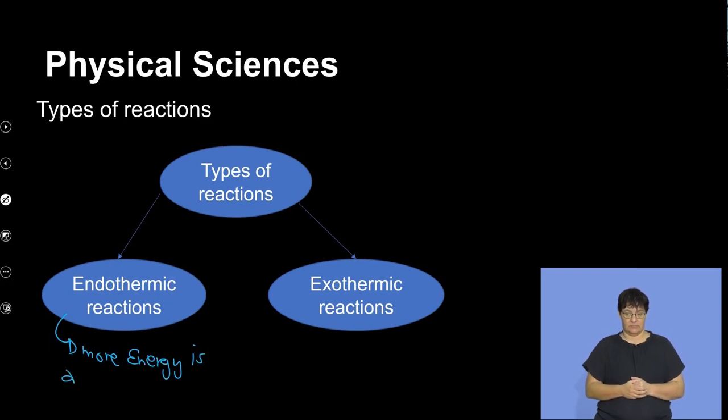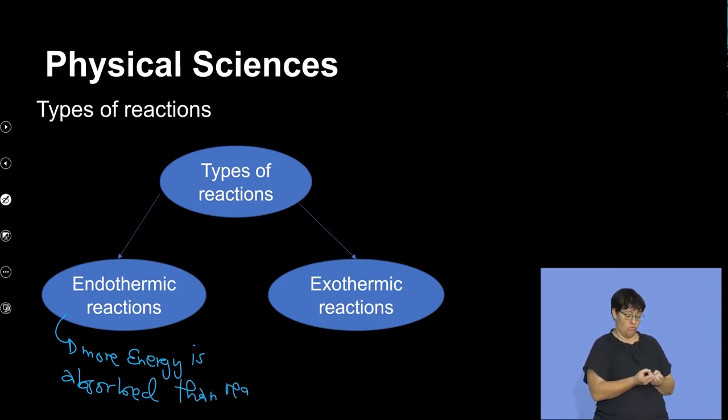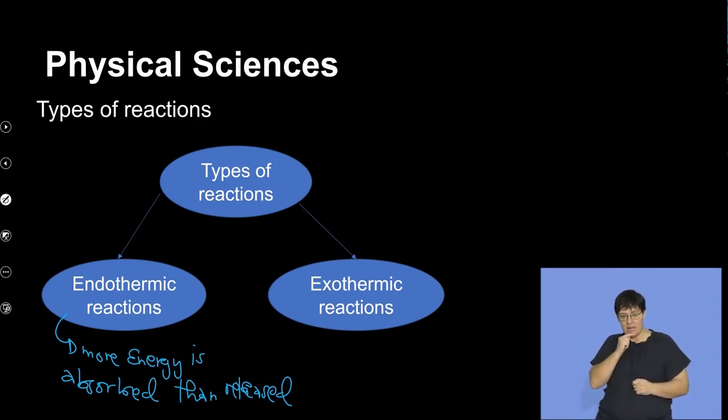than released. What we're simply trying to say here is that in an endothermic reaction, there is both absorption and release of energy, but more will be absorbed in comparison to what is released when new bonds are formed.